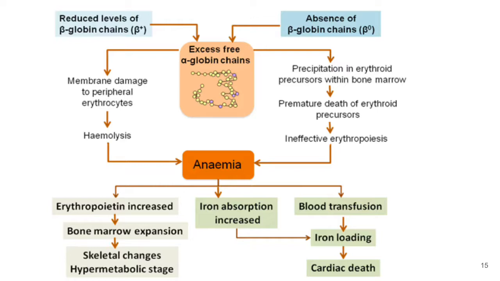On the other side, these alpha globin chains cause membrane damage to peripheral erythrocytes and lead to hemolysis, and hemolysis and ineffective erythropoiesis both lead to anemia. As a result of anemia, there will be increased erythropoietin production and iron absorption, causing skeletal changes and cardiac death.